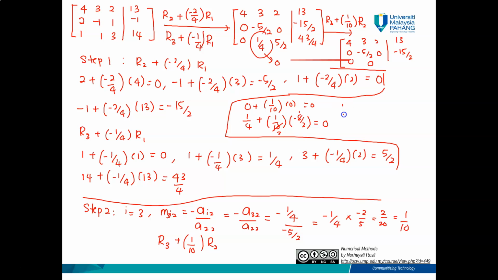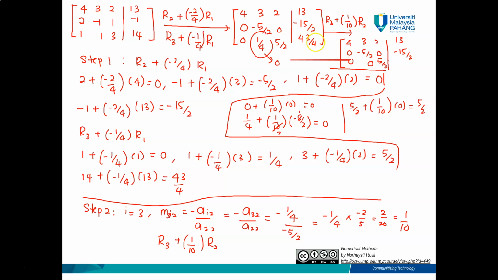And the next one, we need to change this element in row number 3, 5 over 2, plus 1 over 10, which is our multiplier, times R2, so times 0. So we get the answer here, 5 over 2.